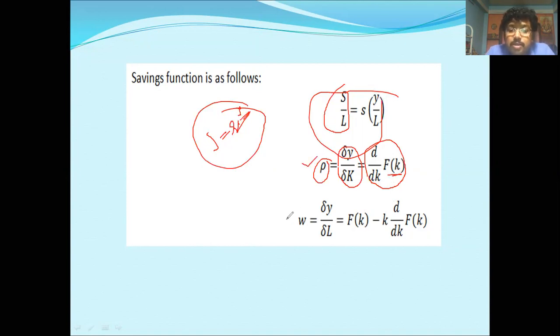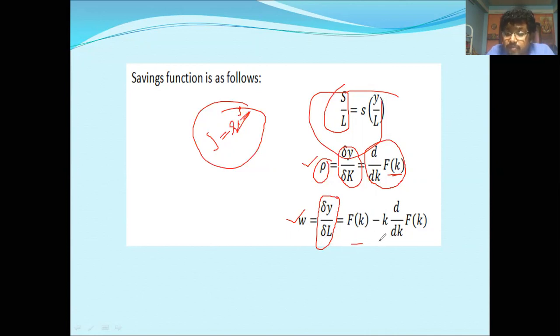Now the real wage rate. What is the real wage rate? The real wage rate is in the same way the marginal productivity of labor. This is the mathematical term, but in economics it is the marginal productivity of labor, that is the real wage rate.